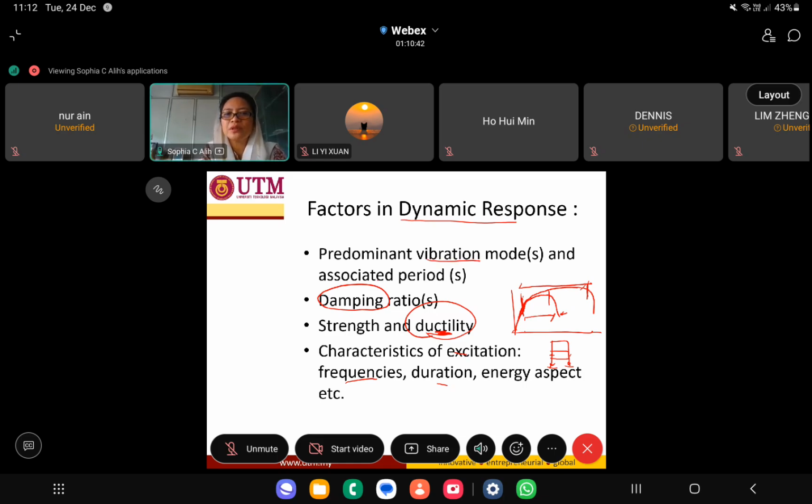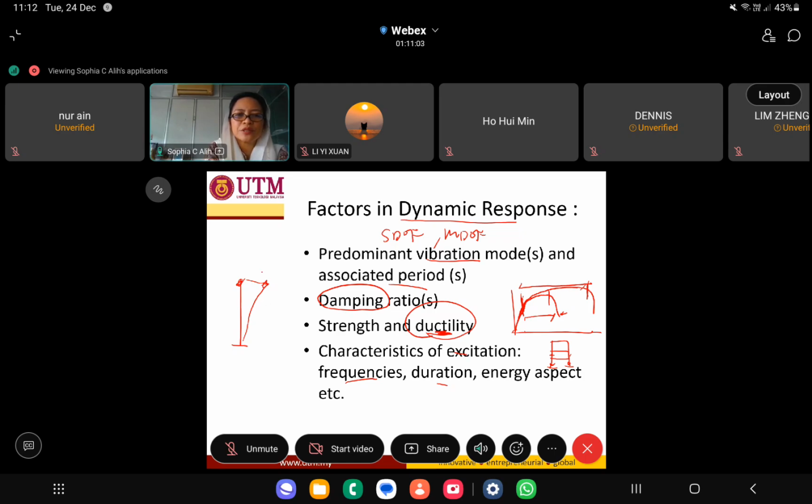Now, vibration mode and associated period, I'm sure you already learned a lot about that. Your friend just now mentioned a single degree of freedom, and you also have multi-degree of freedom structures. If you have a single degree of freedom like this one, the vibration mode is going to be one mode.